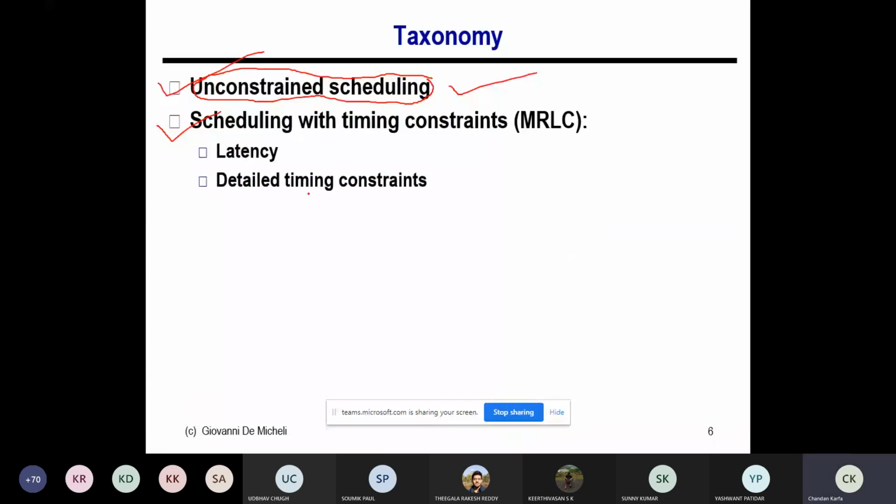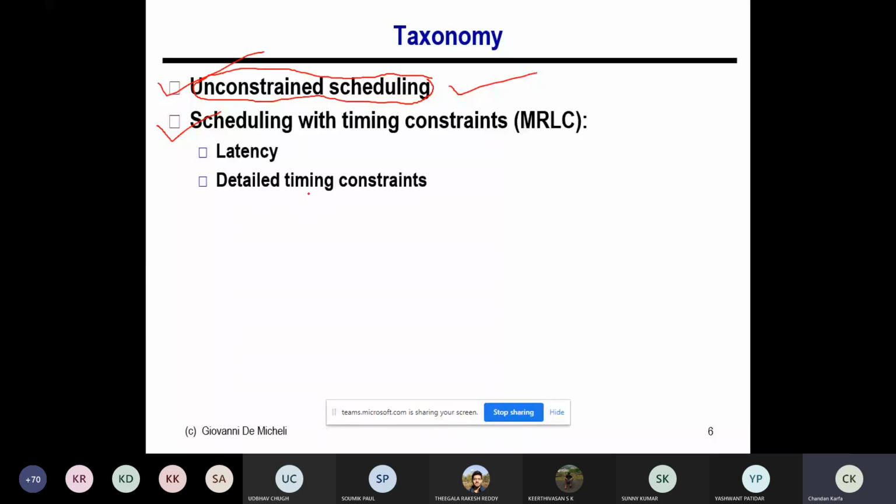So the next category of scheduling is called MRLC, that means minimize resource under latency constraint. Try to understand the term very carefully. My latency constraint is given. That means I want to execute this particular behavior within k clock cycles. You have to execute the behavior in k clock cycles, and you minimize the resource for that.